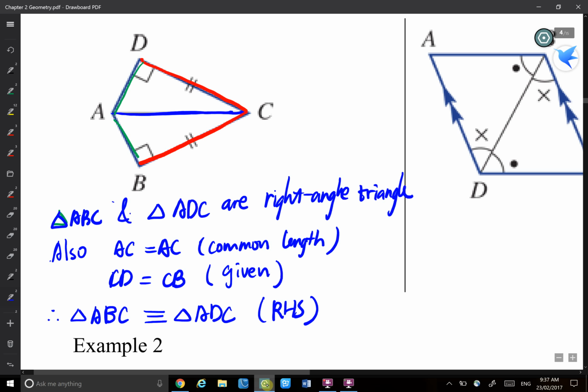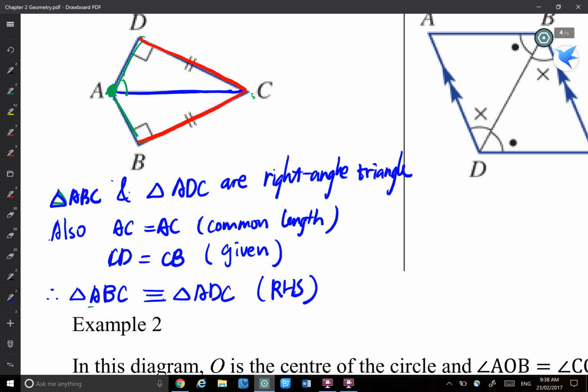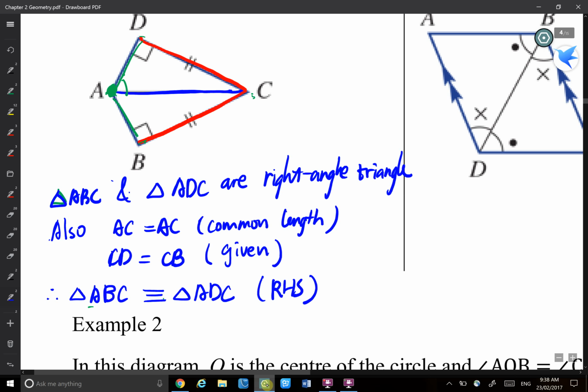So what do we mean by writing them in a particular order? This A point is opposite to DC, and this A is opposite to BC. This A is the common point opposite to both sides, so A should be in the corresponding position. The next ones, B and D. B is a right angle, D is a right angle, so they are corresponding points.